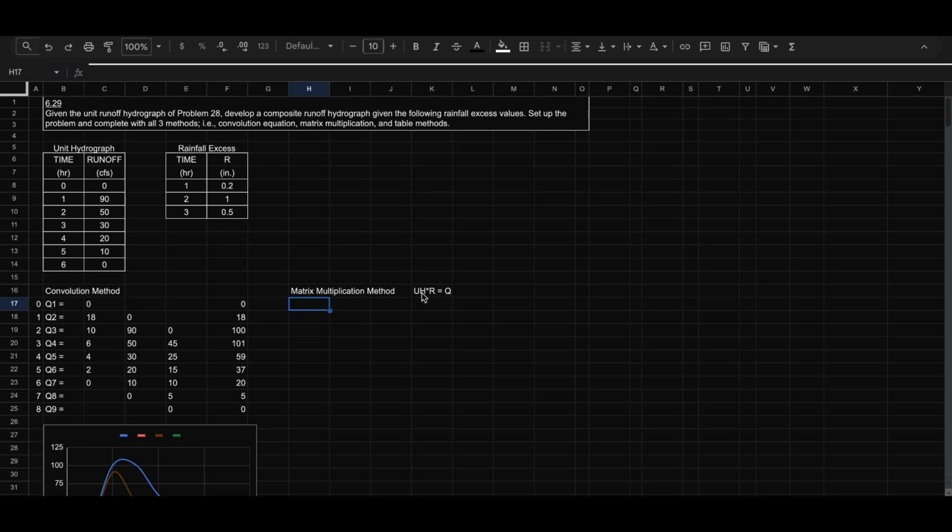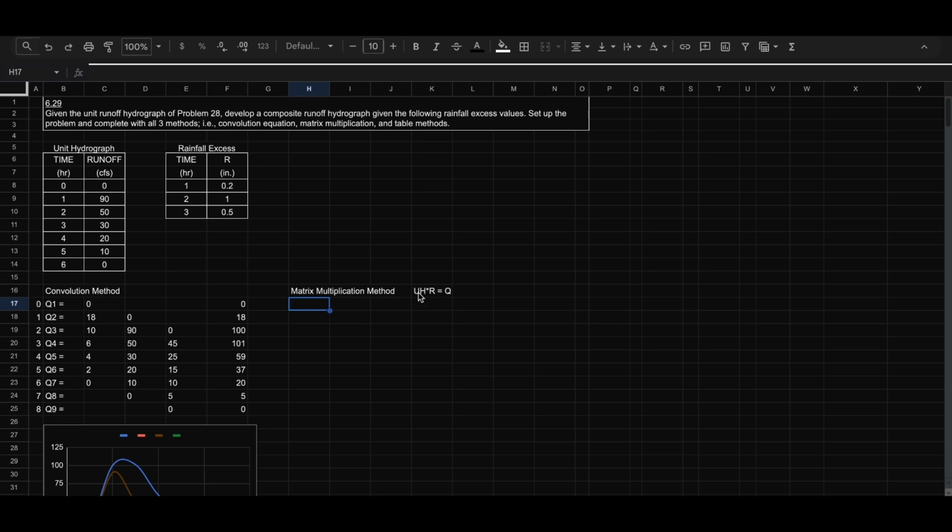So we need the unit hydrograph as a matrix. And if you remember from your linear algebra, to multiply matrices, we need to make sure that the first matrix has the same number of columns as rows of the next matrix.